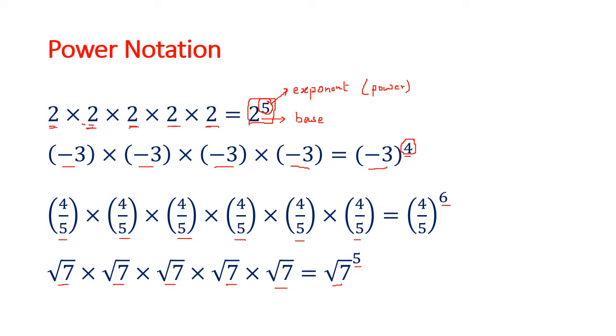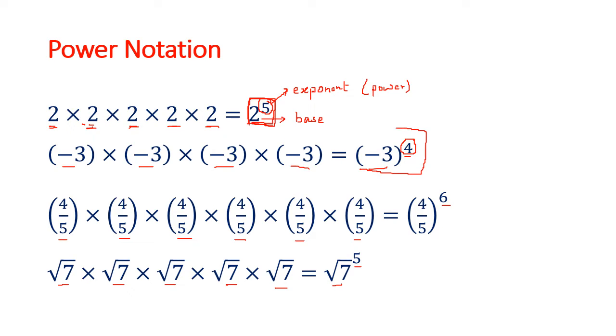So I hope the first notation is clear to you. If not, try to thoroughly understand, only then can we move on to the next part. When a number is repeatedly multiplied, we write it as a power. So 2 raised to 5 means 2 is repeatedly multiplied 5 times.